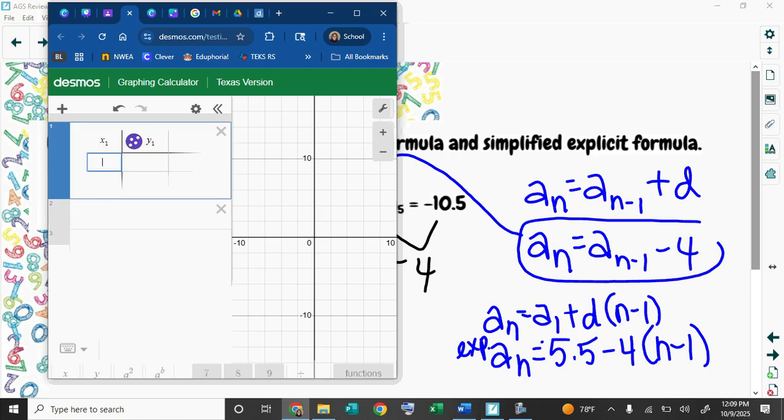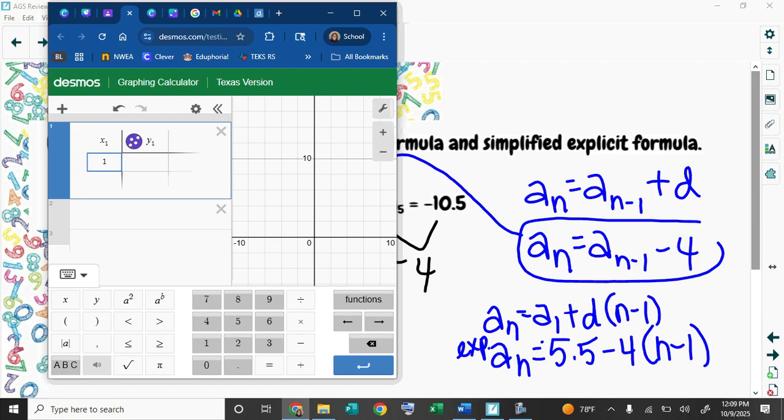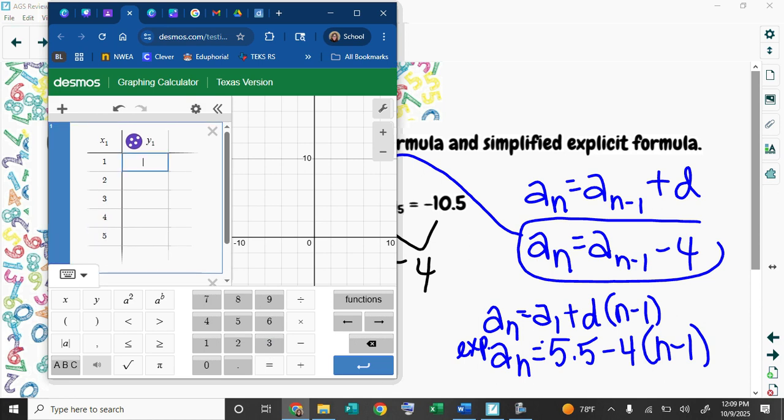I add a table, and I've got 1, 2, 3, 4, 5, and then I have 5.5, 1.5, negative 2.5, negative 6.5, and then negative 10.5.